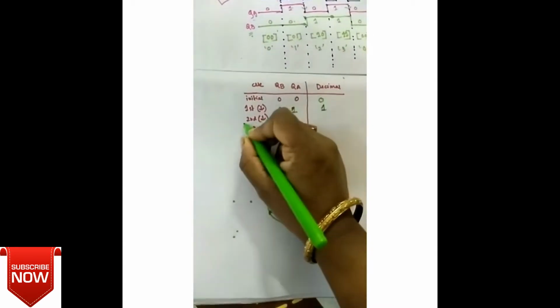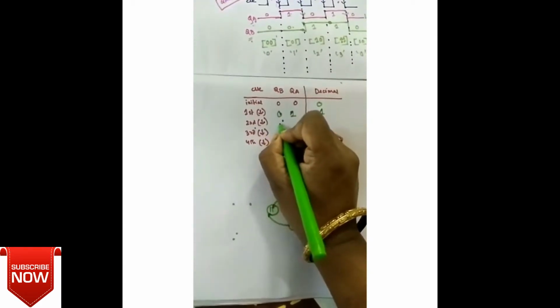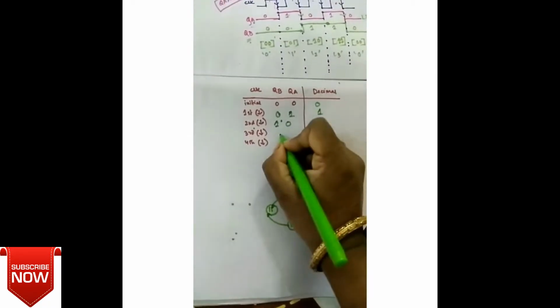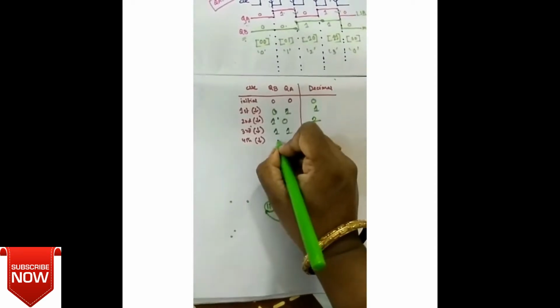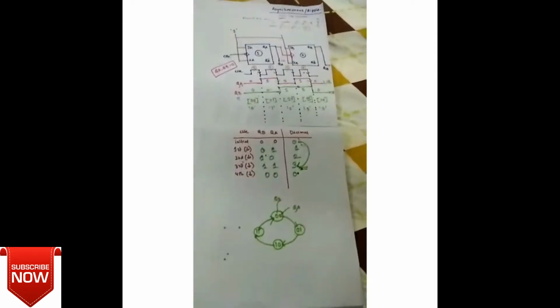On the second clock negative edge trigger, 1 0, so it is 2, then 1 1, so it is 3, and again it becomes 0 0, so it is 0. So you can see it is counting from 0 to 3. After 3 it again counts from 0 to 3. So this is your 2-bit asynchronous up counter.